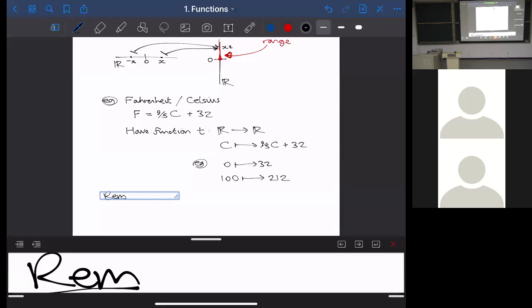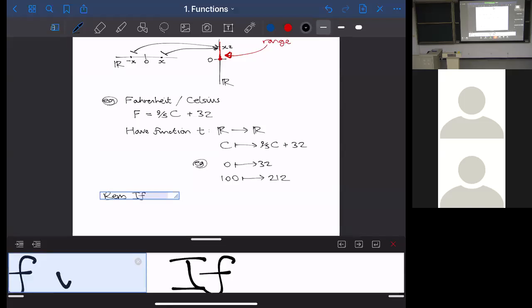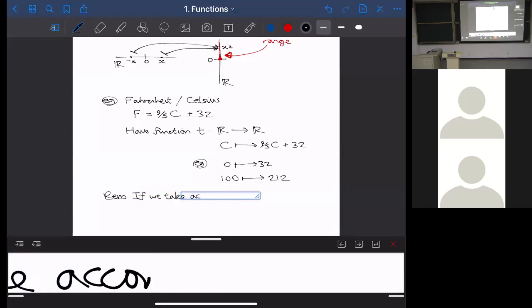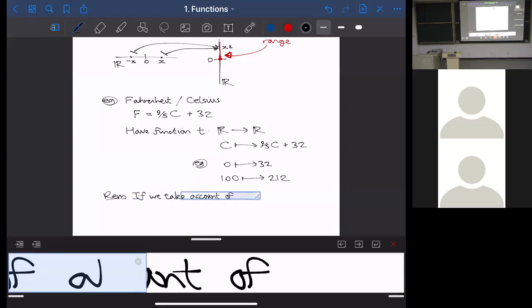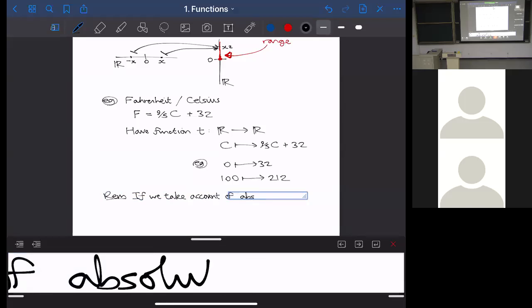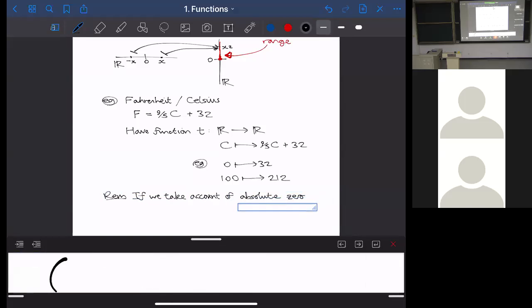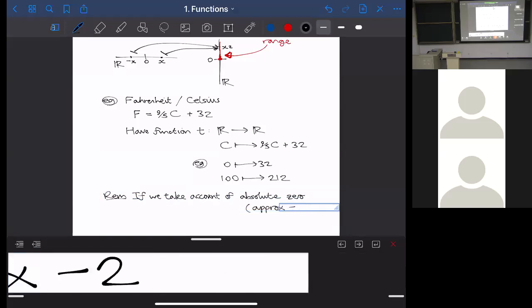So remark, if we take account of absolute 0, so that's approximately minus 273 Celsius.